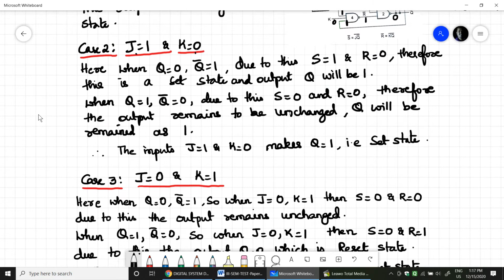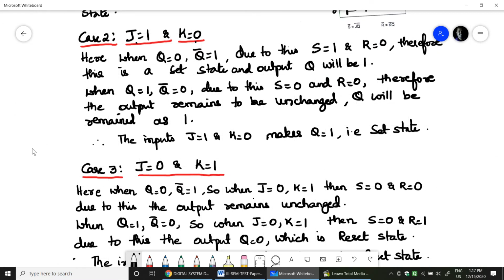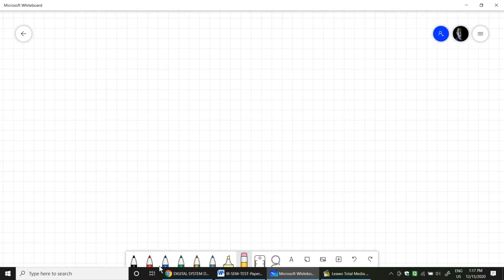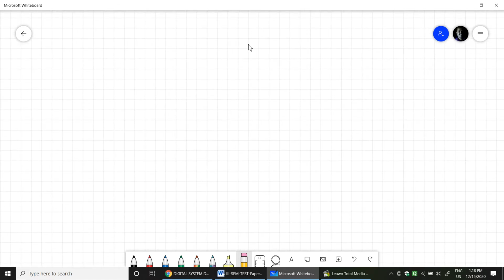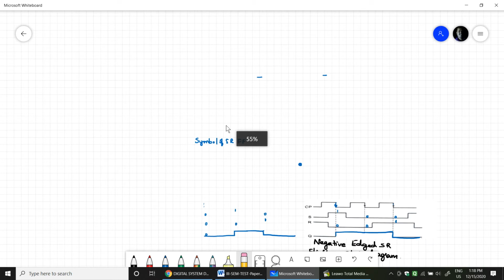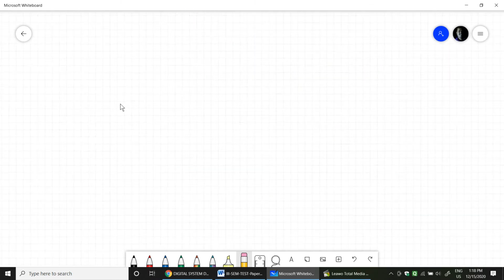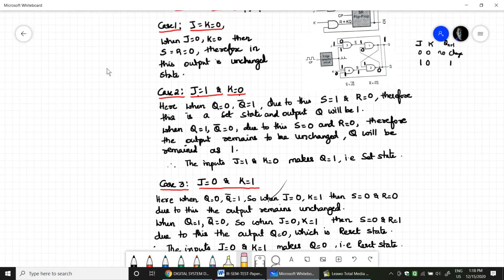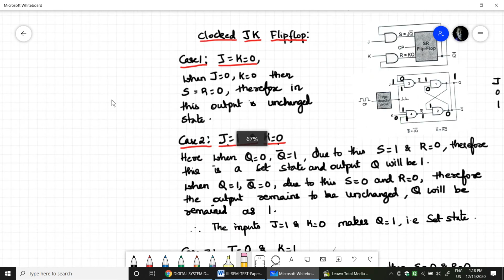Now in case 3, where J equals 0 and K equals 1, let us try to work on that.